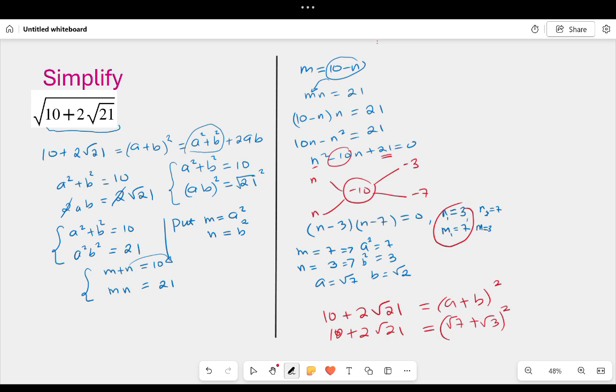In the original expression, we had a square root here, so over here we are also going to have a square root.